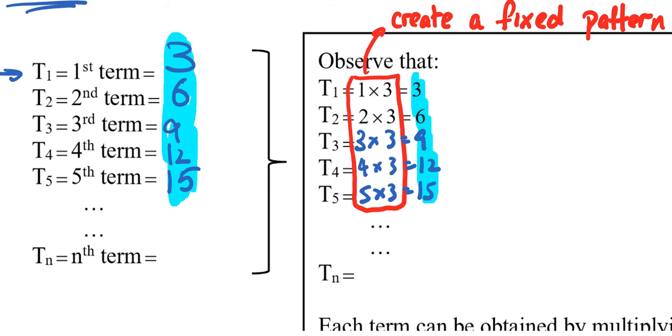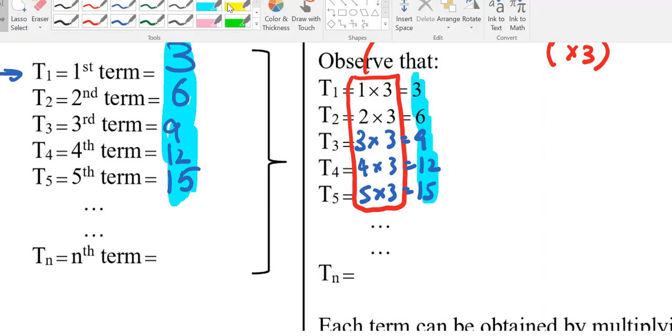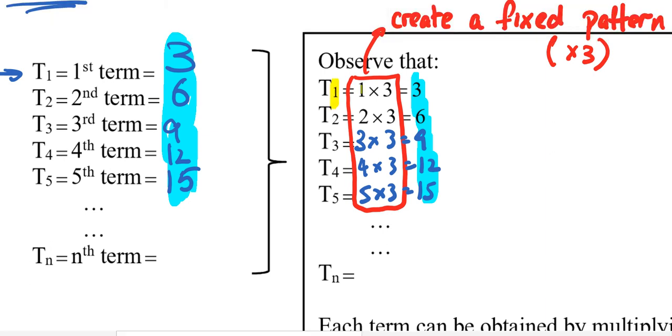So why is this important? Once I can recognize the pattern times 3, then I will ask myself, what is the relationship between the highlighted 1 and the 1? The highlighted 2 and the 2. Is it the same number?